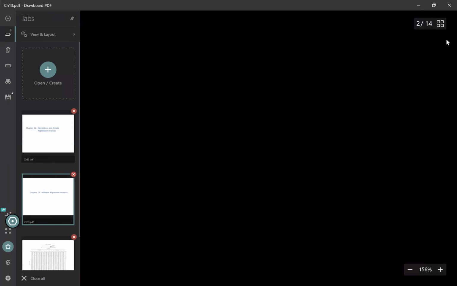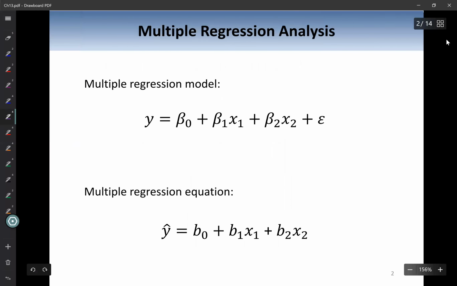So let's take a look at what that looks like. Here is the multiple regression model, where y is our response variable, and it is equal to beta naught, that's our constant in this case, plus beta 1 times x1, which would be our time spent, and then add that to beta 2 times x2, which would be the age of each customer, plus we know that there would be some error associated with the model, that's our epsilon.